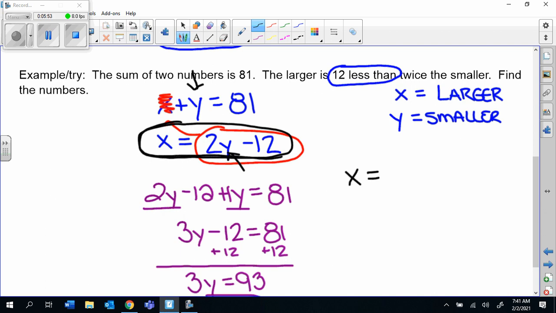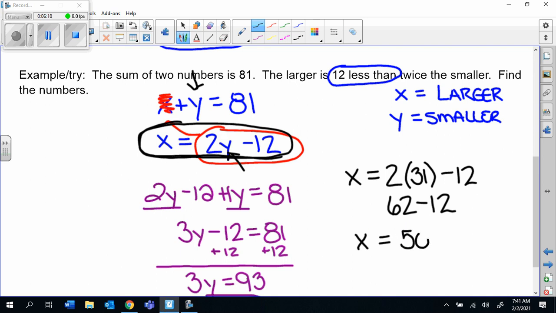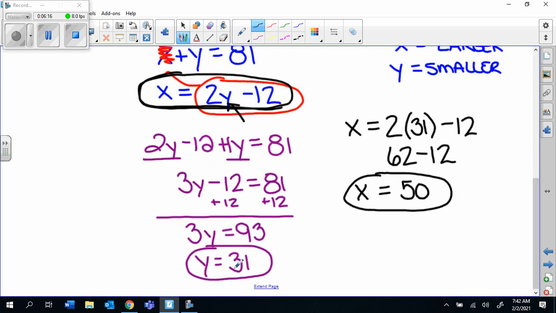So x equals 2 times 31 minus 12. 2 times 31 is 62 minus 12. So x is 50. Does 50 and 31 add up to 81? It certainly does. So it's true for both equations.